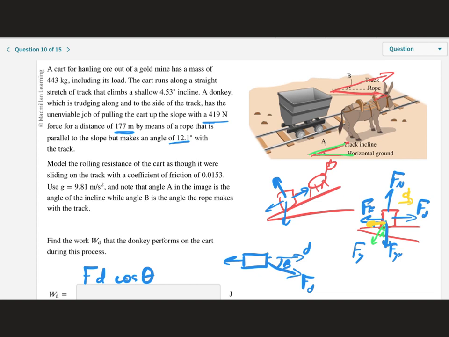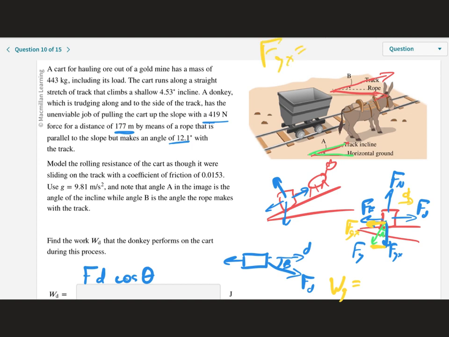I'm going to do it the way that I am most comfortable with, and I'm going to say that the work done by gravity is going to equal the force applied times the displacement, and only look at the component that is opposing the displacement. So I'm going to find FGX. Now FGX is the same as this, which is the opposite of angle A. So FGX, I'll do it up here.